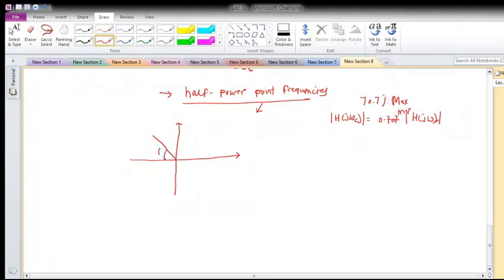Okay, so this angle is theta. Fine. So when theta is greater than 45 degrees, then what about zeta? For example, suppose my poles are like this. One pole is here and one pole is here, that is a complex conjugate pole. Okay, and we know that zeta is equal to cos theta. And when theta is equal to 45 degrees, at that time alpha will be equal to beta.